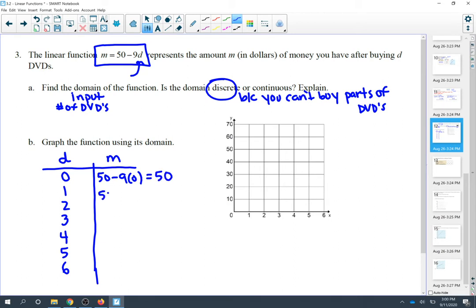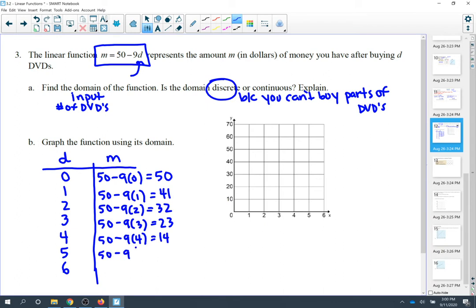Then 50 minus 9 times 1, which is $41. 50 minus 9 times 2, which is $32. 50 minus 9 times 3, which is $23. 50 minus 9 times 4, which is $14. 50 minus 9 times 5, which is $5. 50 minus 9 times 6, which is negative $4.